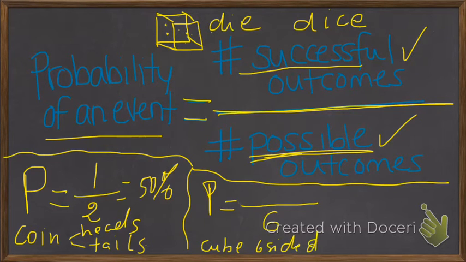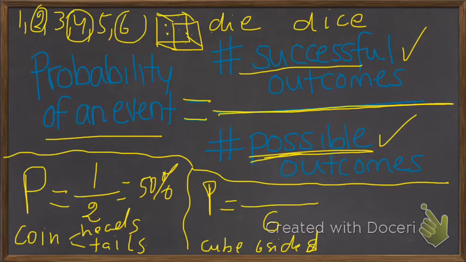Now, my question to you is, what would be the probability of getting an even number when you toss a die? So even numbers would be like 2, 4, and 6, because the cube has 1, 2, 3, 4, 5, and 6. So the even numbers will be 2, 4, and 6.